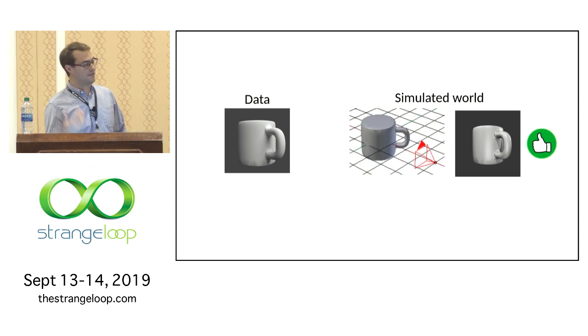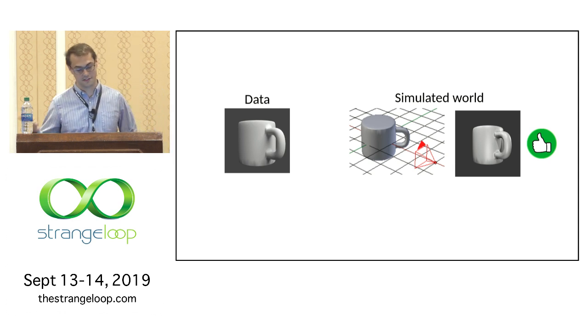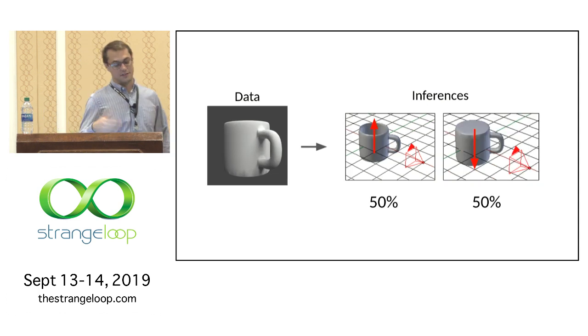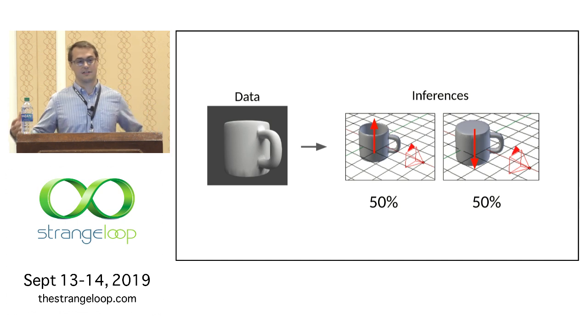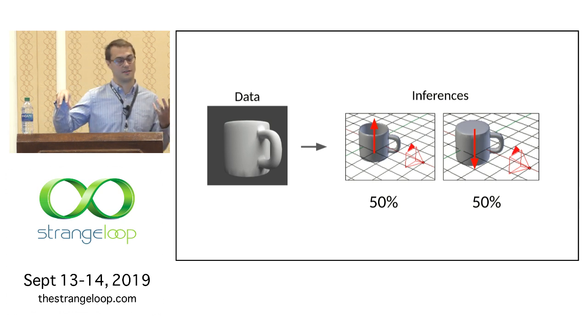Now, if we kept on running it, eventually we would also sample this explanation, and we'd say this is a valid explanation of the data, so let's accept this too. If we did this over and over again and aggregated these results, we'd get 2 types of explanations that we accept. About half of them would be upright mugs, and half of them would be facing-down mugs.